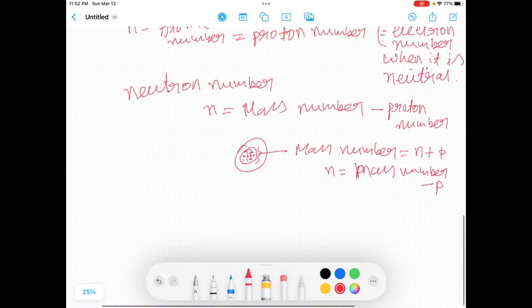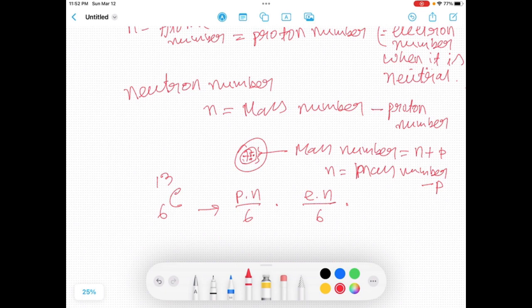Now if you are given, suppose, carbon 13 and 6, from here you can say the proton number is 6, and since it is neutral, the electron number is also 6, but the neutron number will be the mass number 13 minus the proton number 6, so it will be 7.